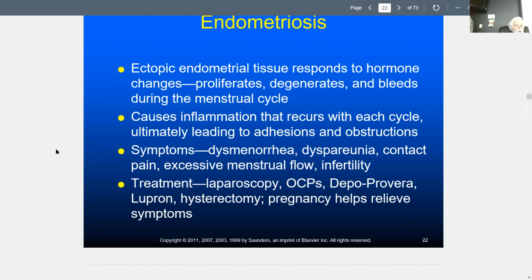So we have some treatments. The problem is that endometriosis symptoms are also the symptoms of a number of other potential diseases. So with laparoscopy, usually they'll go in and look around to see what's going on. But if treating it with these various approaches doesn't work, then it probably wasn't endometriosis.